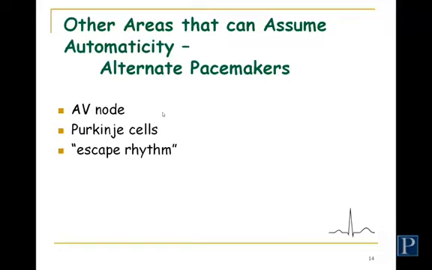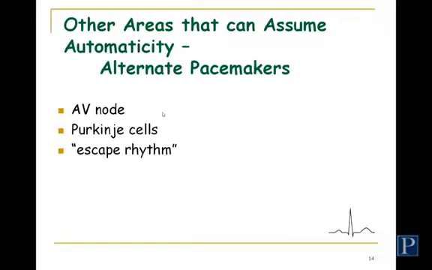contract. But what's going to be the big difference? SA node fired, no problem. It just couldn't get down to the AV node for some reason. Maybe there's something wrong with the internodal pathway. Well, atria are going to contract anywhere from 60 to 100 beats per minute. The ventricles are being controlled by the AV node.